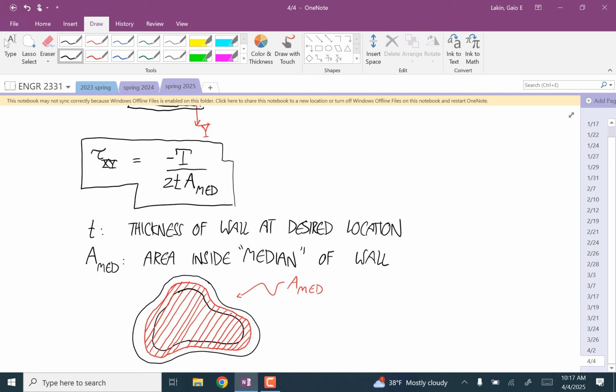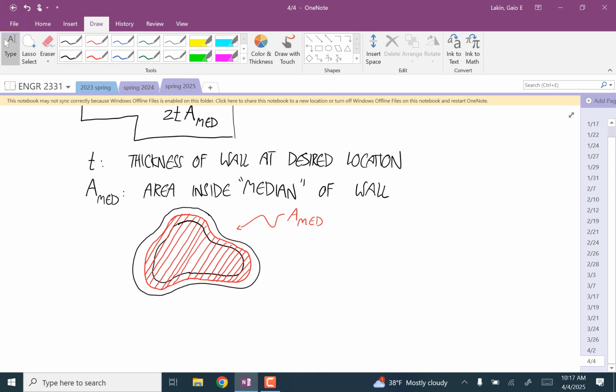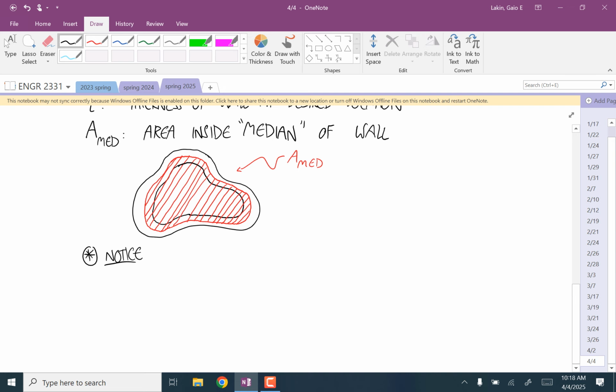For some complicated shapes, this can be sort of a mess to calculate. So notice, don't kill yourself getting an exact median area.